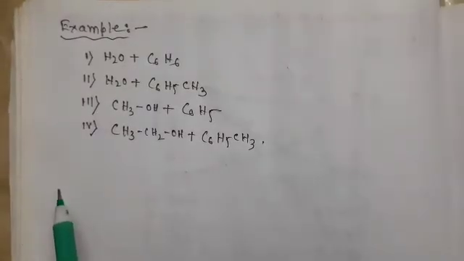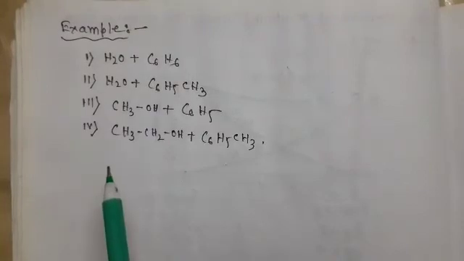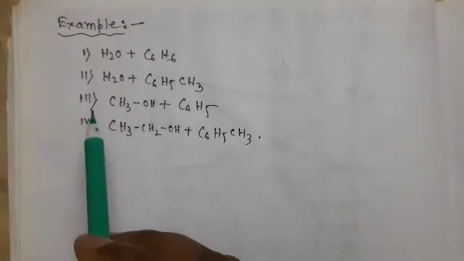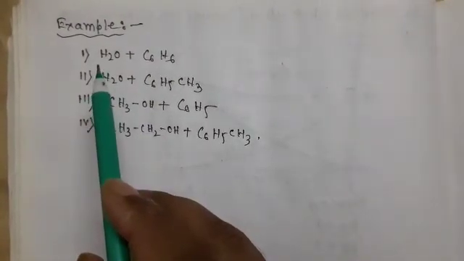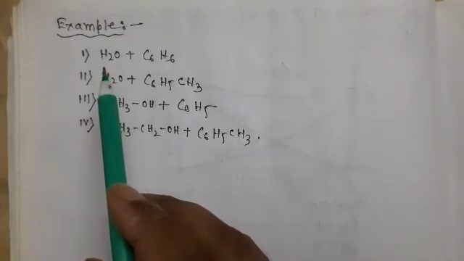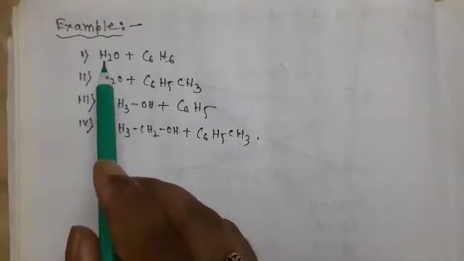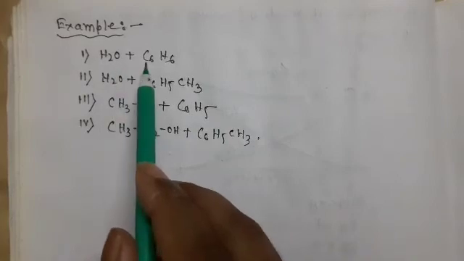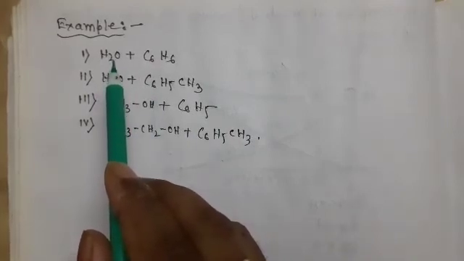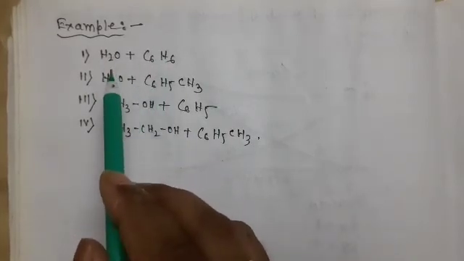Now, examples of non-ideal solutions showing positive deviation from Raoult's law. That means the interaction between two molecules decreases. Here, water and benzene. Water has hydrogen bonding. On adding benzene, this hydrogen bonding breaks.